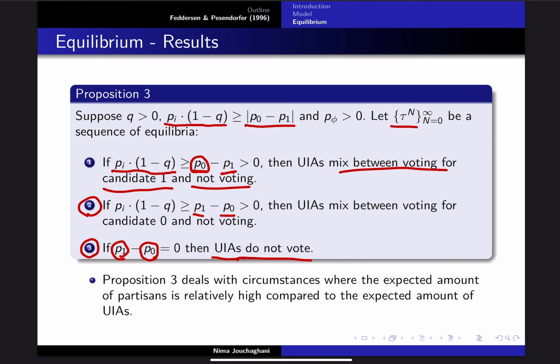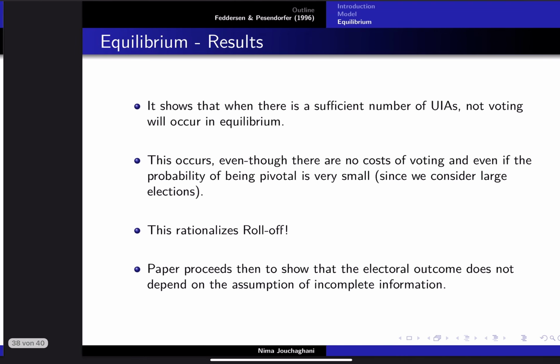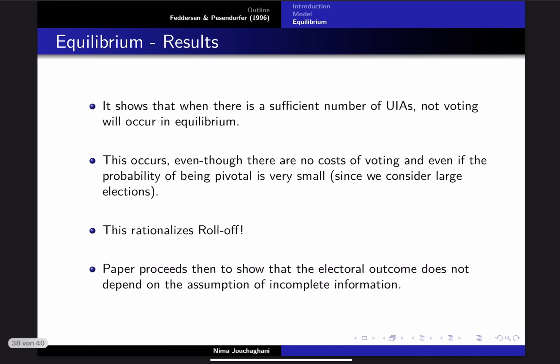And those are the main results of the paper. So what Proposition 3 is showing is that when there is a sufficient number of uninformed independent agents, then not voting will occur in equilibrium.